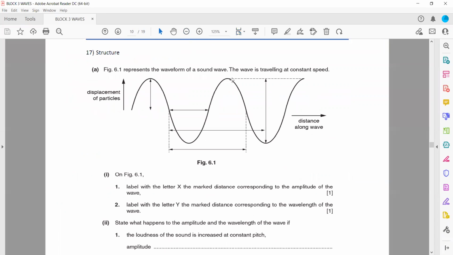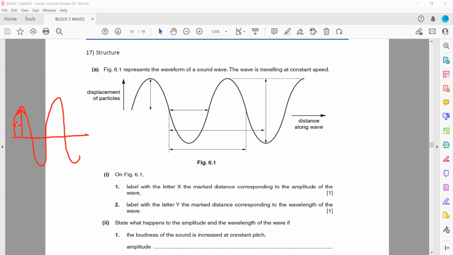The structure question: figure 6.1 represents a waveform of a sound. The wave is traveling at a constant speed. The displacements and different arrows are given on figure 6.1. Label with a letter X the arrow corresponding to the amplitude. Amplitude, for a transverse wave, is the distance from the mean position to the extreme.